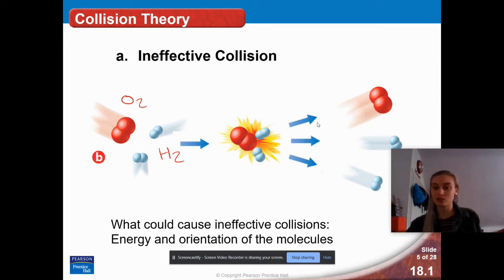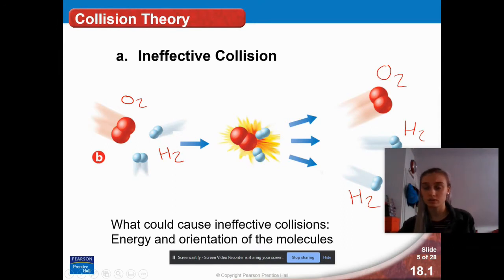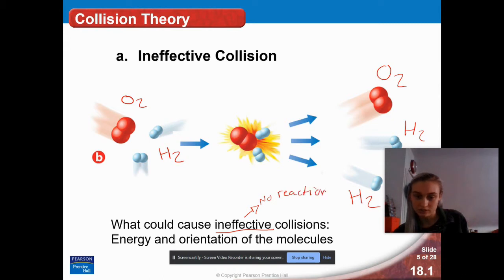They bounce back the same as they were when they came in. So this is still O2 and these are still H2, and the red is still O2. Nothing changed. Everything's the same because it's ineffective. And since it's ineffective, no reaction occurs.